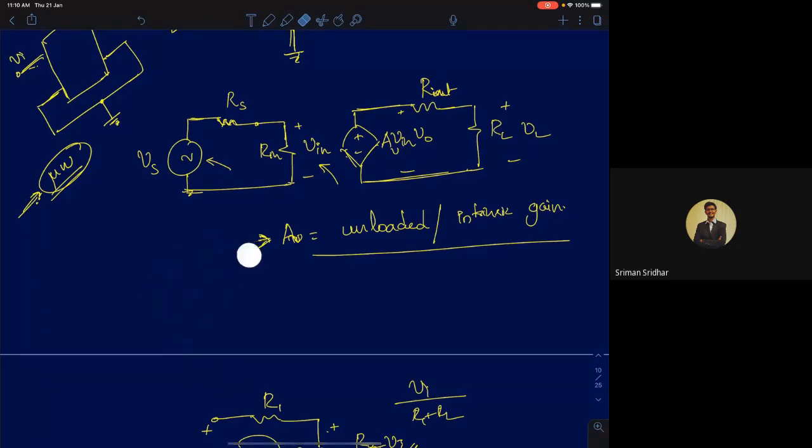So even if you don't assume that, let's assume you are going to model your source as a current source. I gave you an example. What is an example of a current source? A photodiode. Let's say you're an engineer modeling the receiver of a fiber optic cable system.